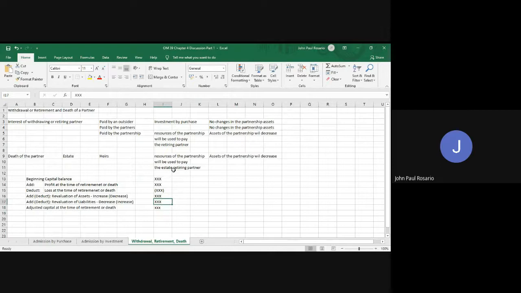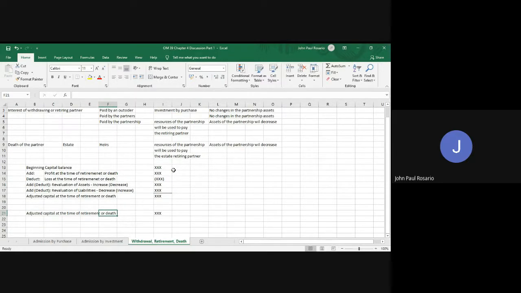So from here, you copy this one. And we move on to the next step, which is the computation of the total interest of the outgoing partner. So this is just adjusted capital at the time of retirement or death. Then we add loan to partnership, meaning siya ang nagpautang sa partnership. Meaning this is a liability of the partnership.